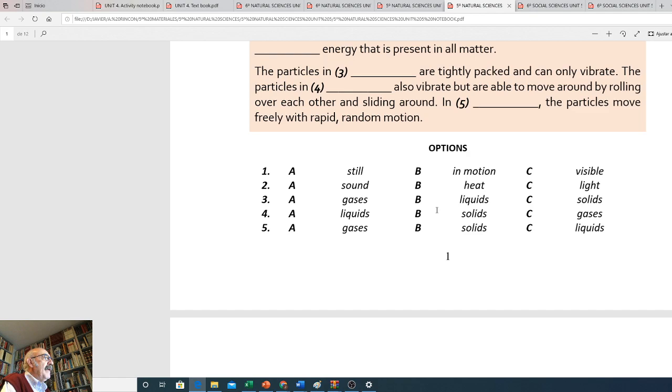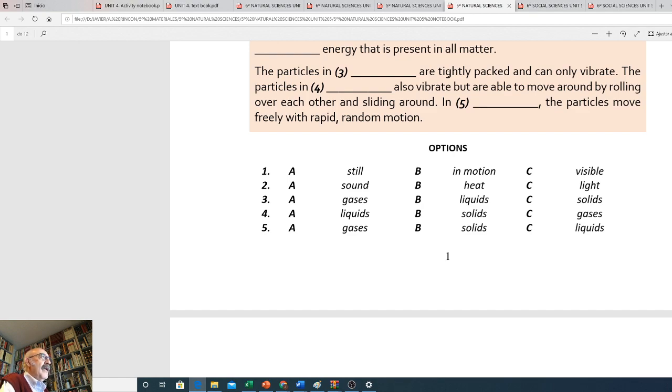So we're talking about gases A, or liquids B, or solid C. What do you think? Yes. Solids. So the particles in solids are tightly packed and can only vibrate.